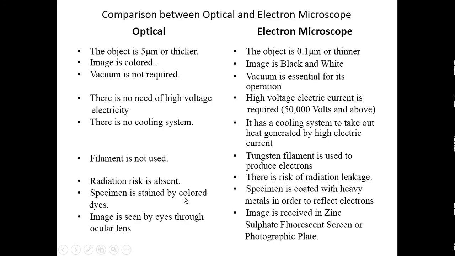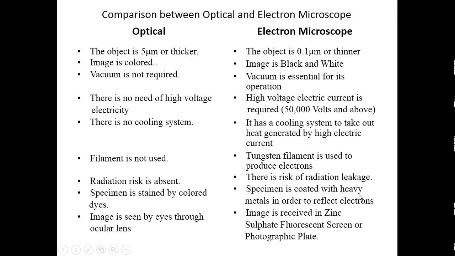Specimen is stained by colored dyes. Here the specimen is coated with heavy metals like molybdenum, gold or silver, isn't it? So we will see why we are using such type of coating for the surface of the specimen which is tested.